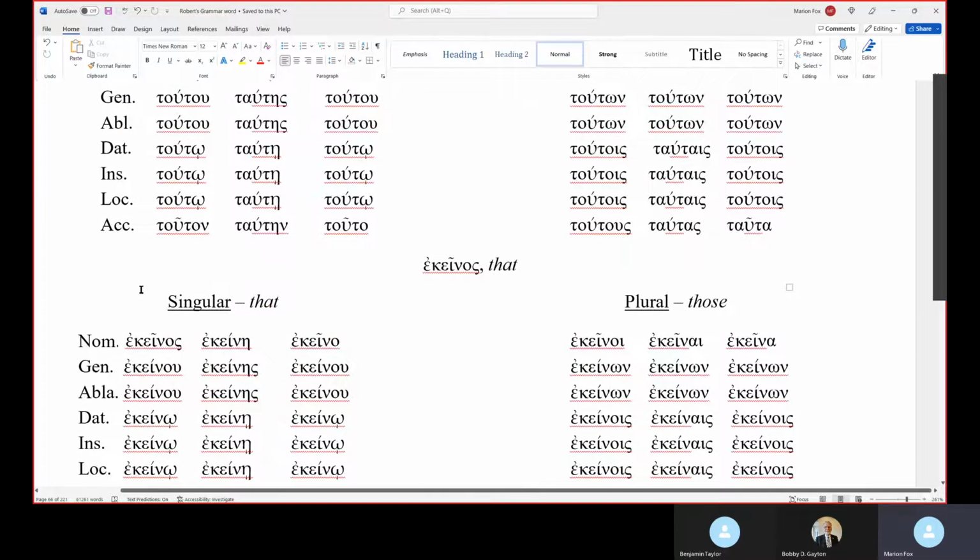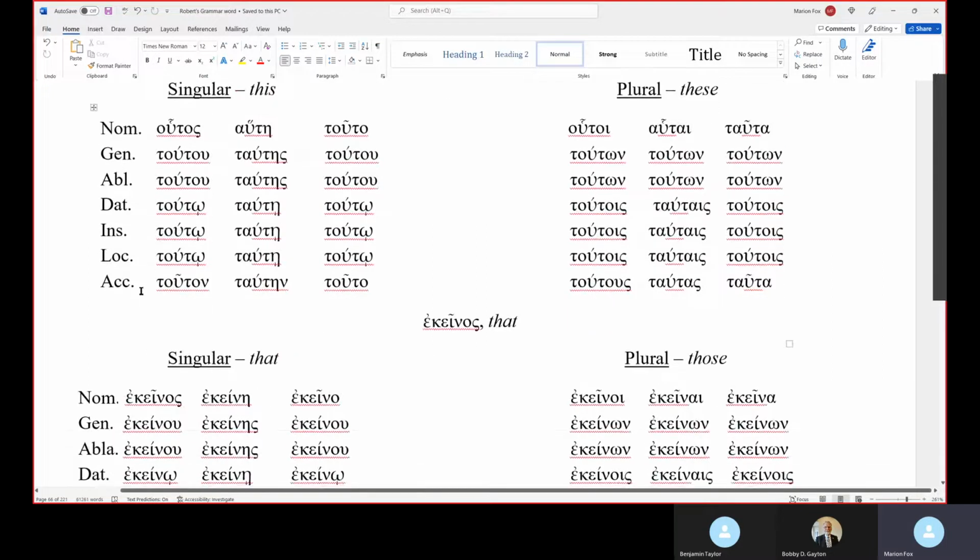So, I mean, go through that quickly if I might right now. It is ekeinos, it is that, not of yourselves. I'm sorry. It's hutos, it's not ekeinos. That, not of yourselves. It's hutos, not ekeinos.